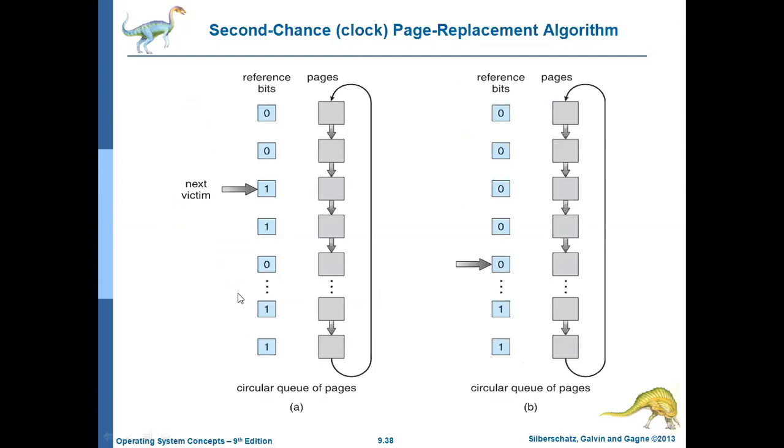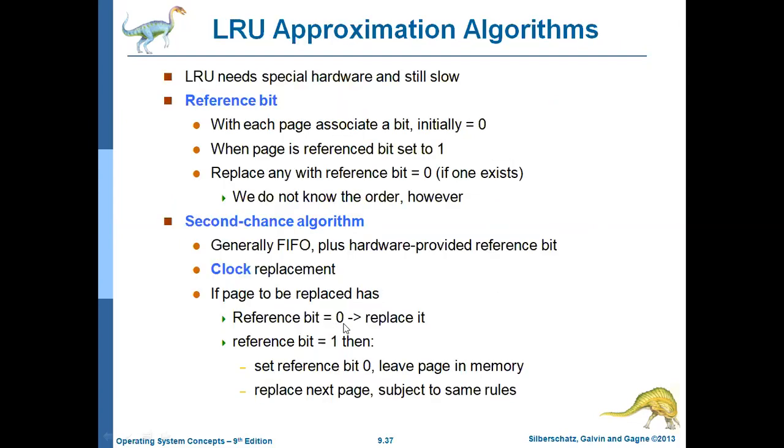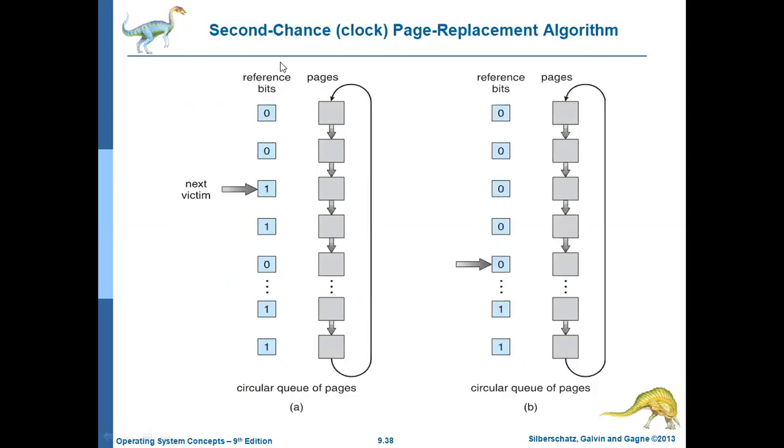As and when you find the reference bit equal to 0, replace it. If the page to be replaced has reference bit set to 1, then set the reference bit to 0, leave the page in memory and move to the next page. So this is how the second chance page replacement algorithm works.